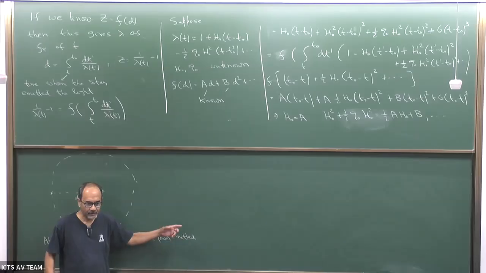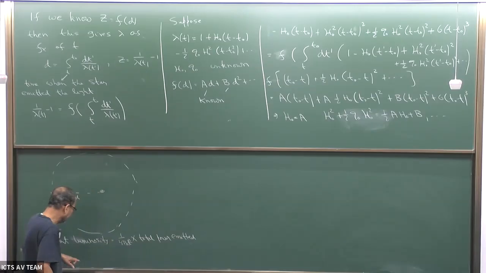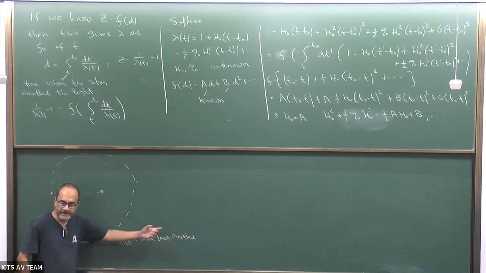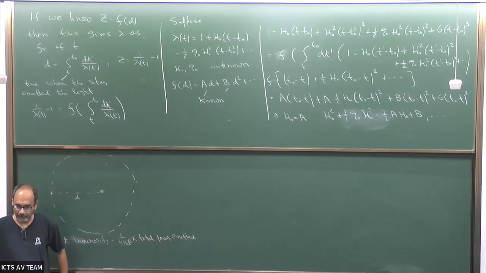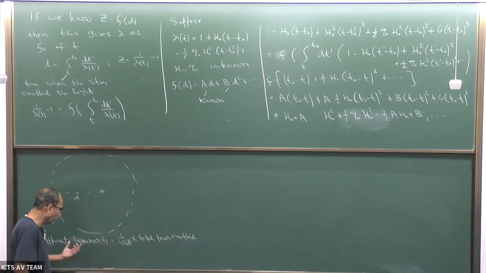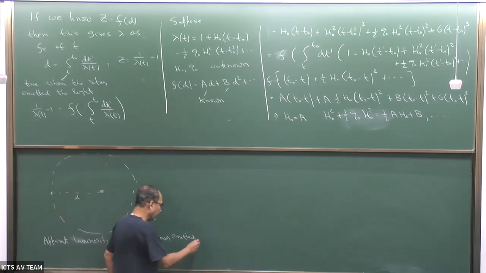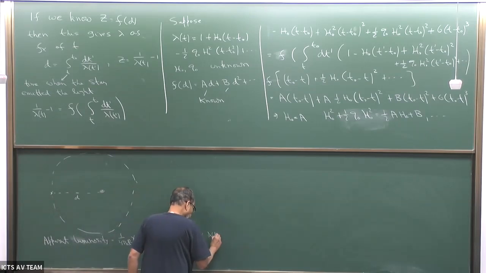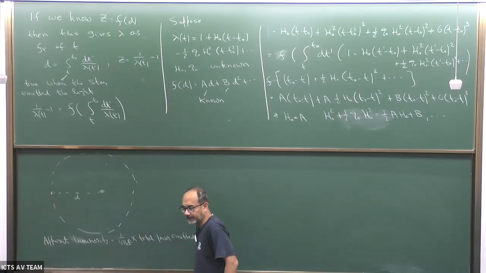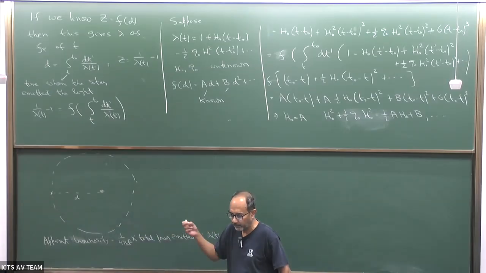So this doesn't give us distance as a function of redshift, but a combination of distance and lambda as a function of redshift, because the apparent luminosity will be this multiplied by lambda of t. The lambda of t is the factor by which the frequency of the photon is reduced.